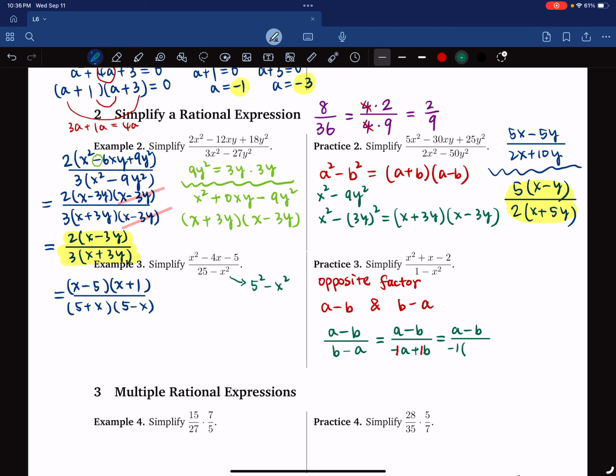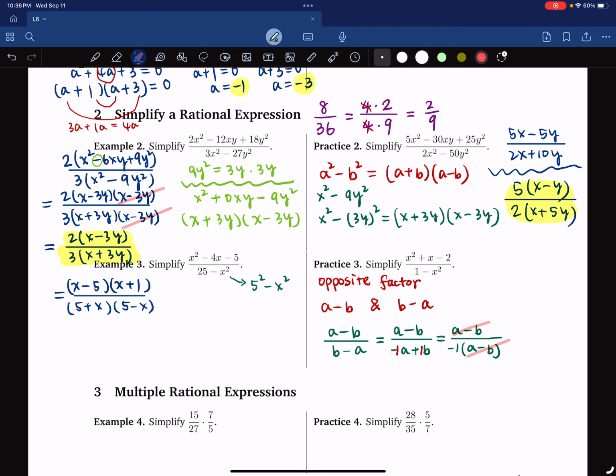So the first one is -1a. If I divide it by -1, it's just going to be a. And the second one is +1b. If I divide that by -1, I get -1b, which is the same as -b. And now you should be able to see that we have a common factor of a minus b. And you could cross them out.